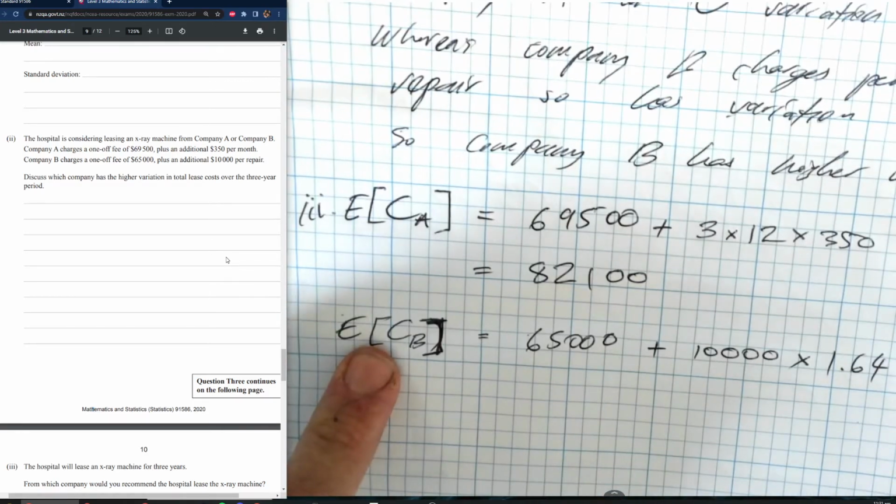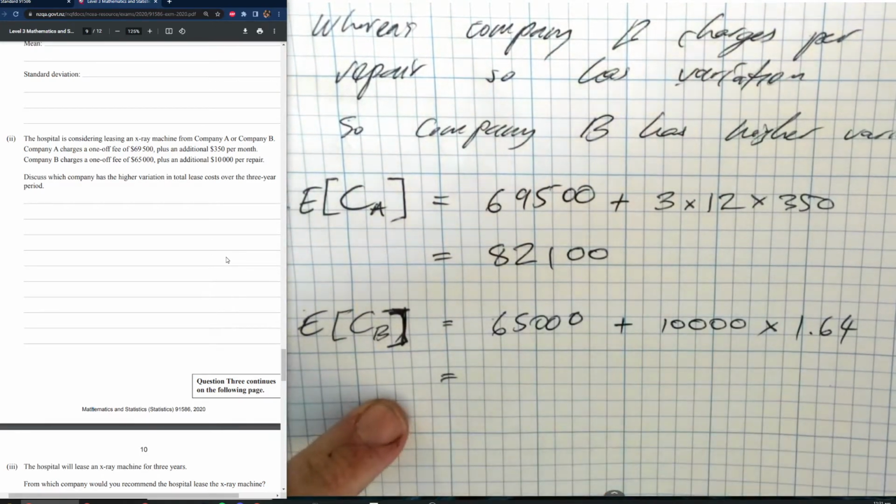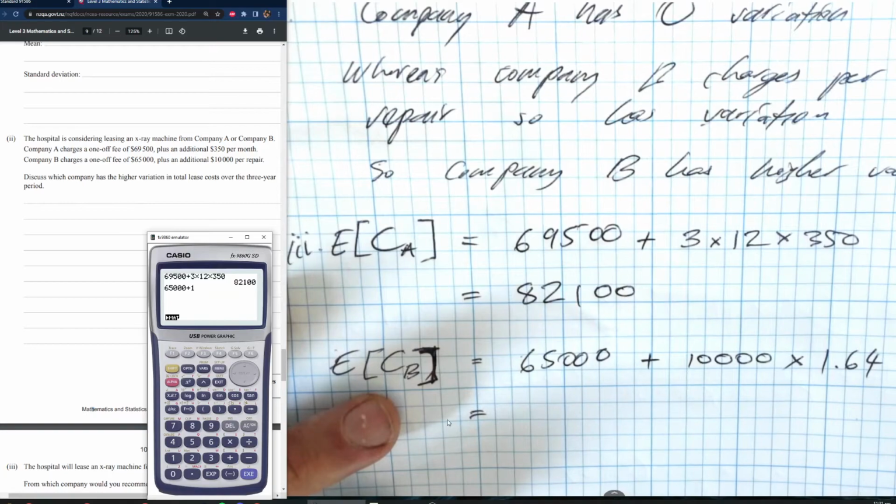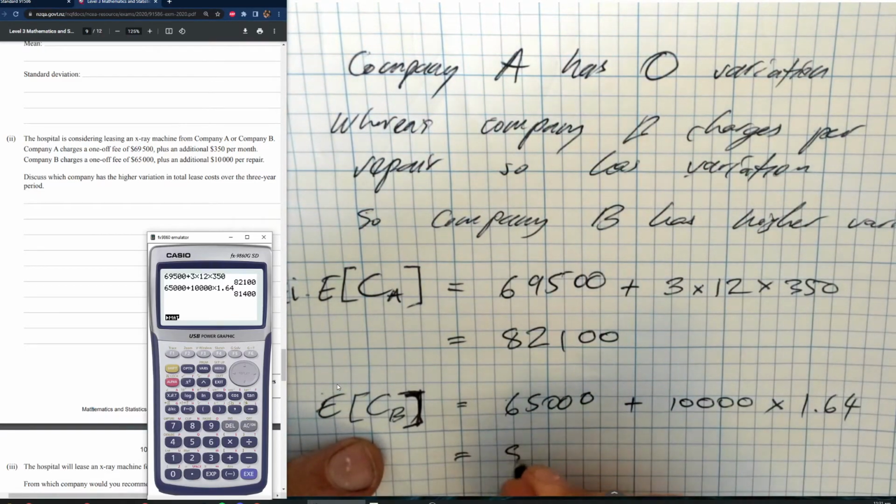We're just doing an expected value, so we can do that. And we will find out which one is cheaper. 65,000 plus 10,000 times 1.64. This is an embarrassing calculation to type in. 81,400.